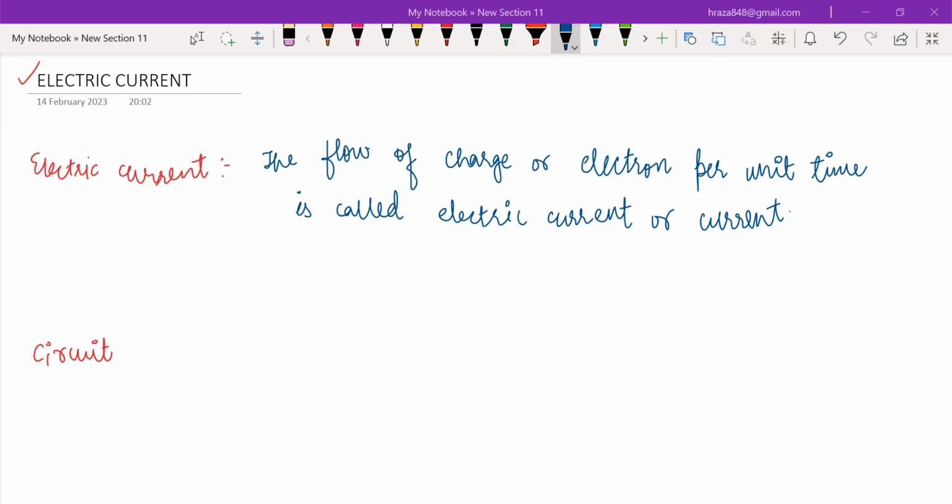So this is your electric current. Now, this next term is basically electric circuit, or we call it circuit.